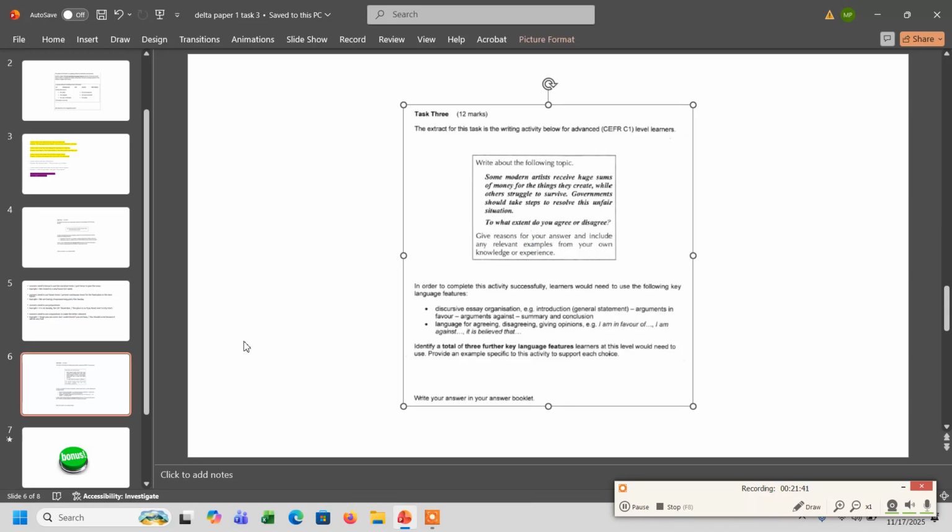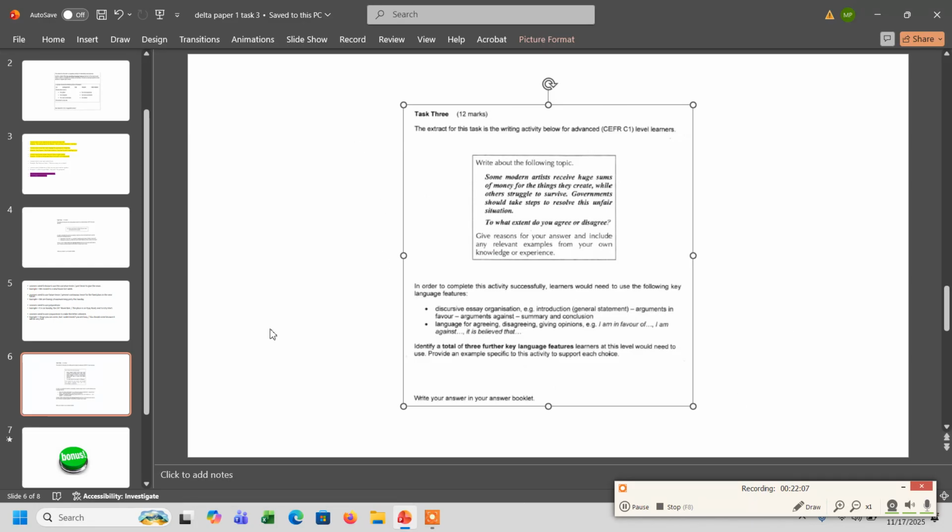This is C1 level. So advanced level. So that's one of the things I like studying Delta Module 1. It can spark your curiosity and also capture your attention for different level learners.